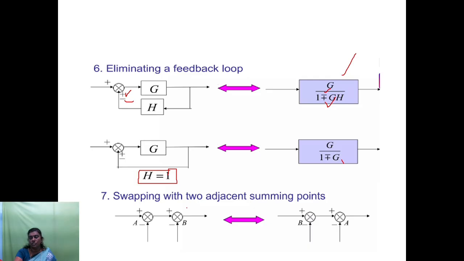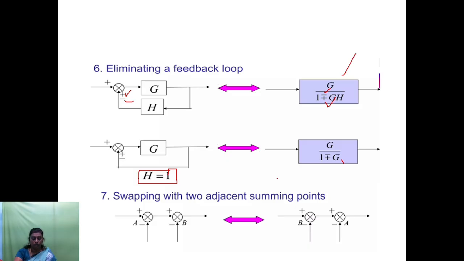Wrapping means exchanging. So here there are two summing points, and we can wrap the two adjacent summing points like this. No need to make any changes, as you can interchange the summing points. So this is the 7th rule. These are the basic rules we have to apply to reduce the block diagram.